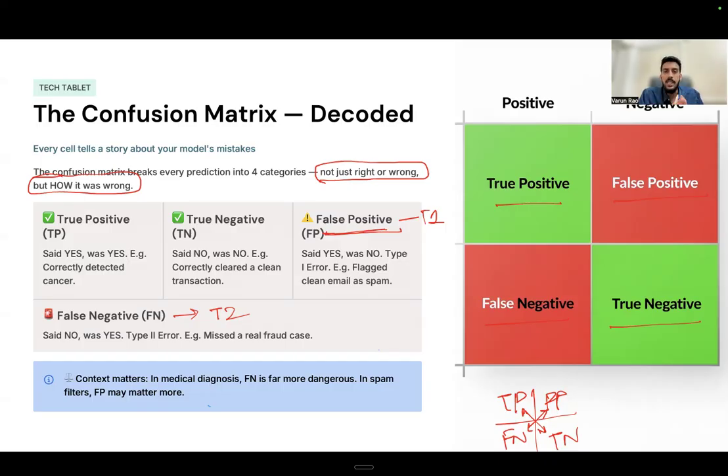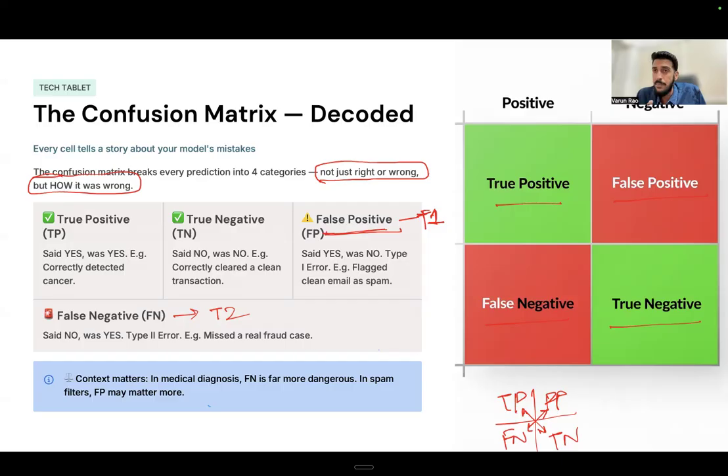In type 1, you mark the person who does not have cancer with cancer, which is dangerous. And in type 2, the person has cancer, but you're declaring him as not cancerous. So it is also a case of a mistake.